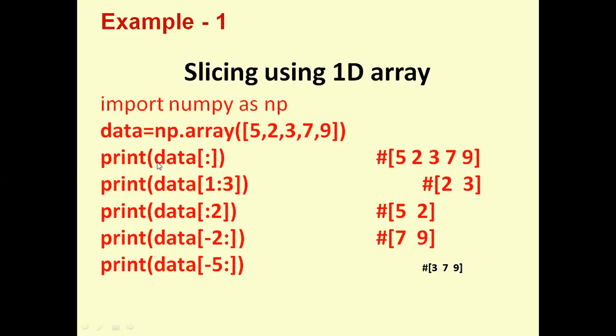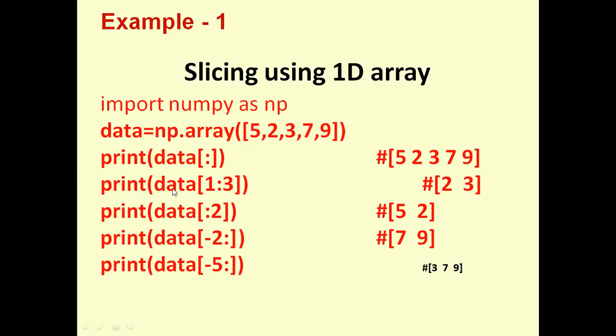If you use the empty colon with pop, it will also remove all the elements from the array. Just like the same, a list also, if you put an empty colon, will display all the values containing that particular array or list.